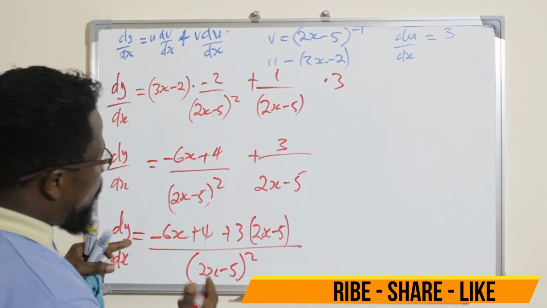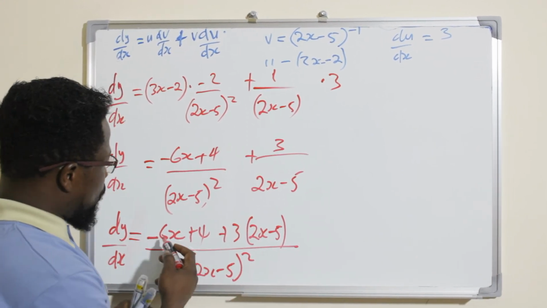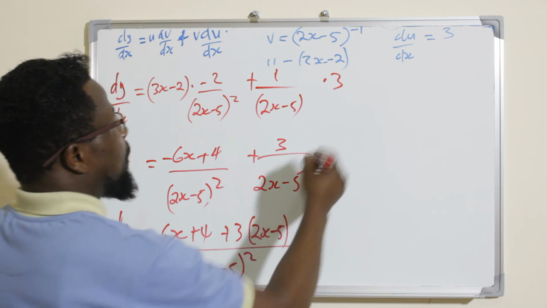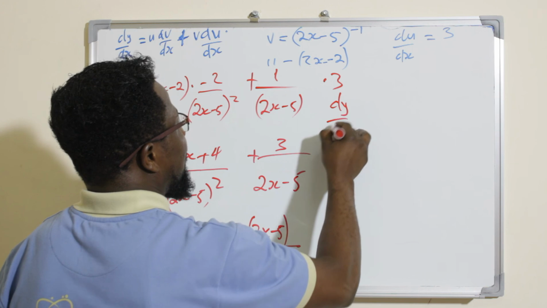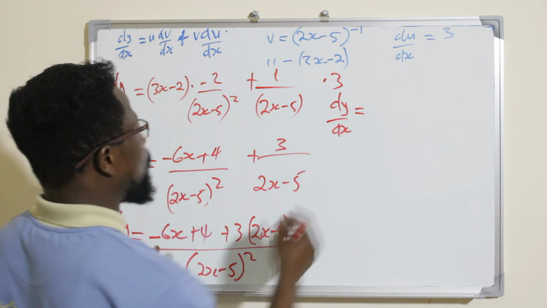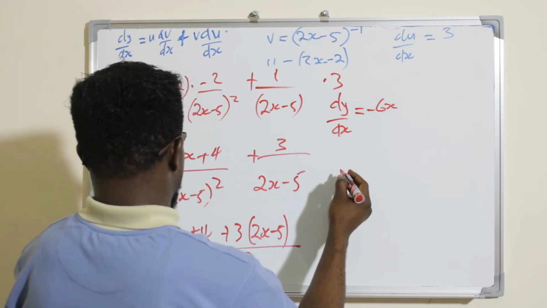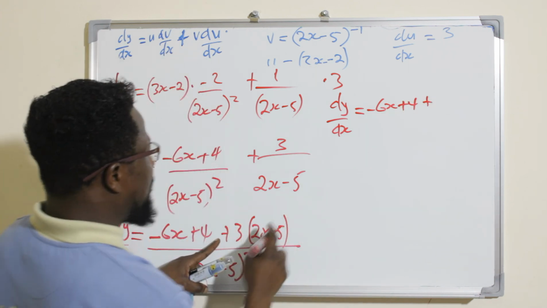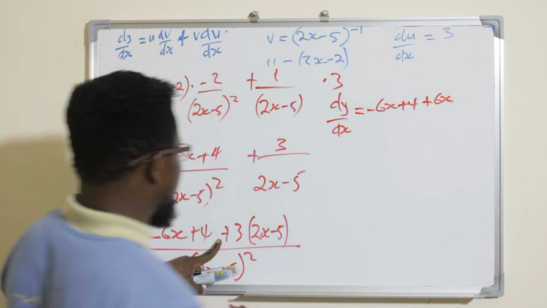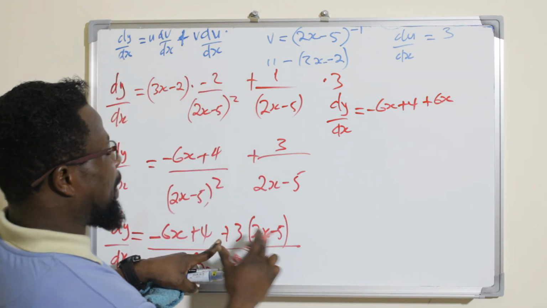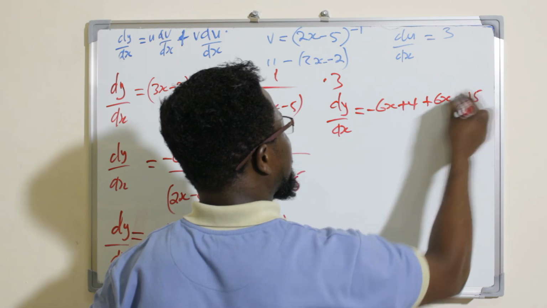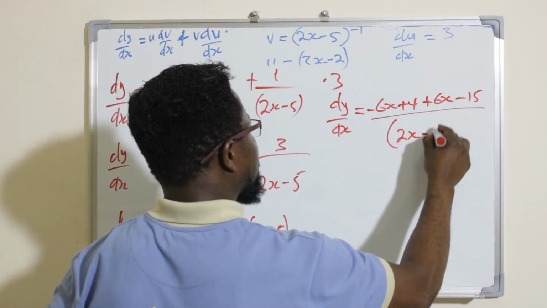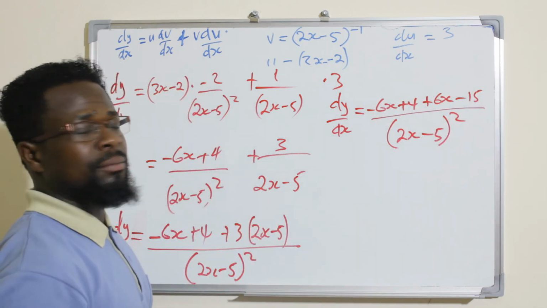Okay. Now what we need to do is to expand this and simplify. So this will become the y, the x, is now equals to negative 6x plus 4 plus 3 multiplied by 2x, this will give you 6x, and then positive 3 multiplied by negative 5 will give us negative 15, all over (2x minus 5) squared.